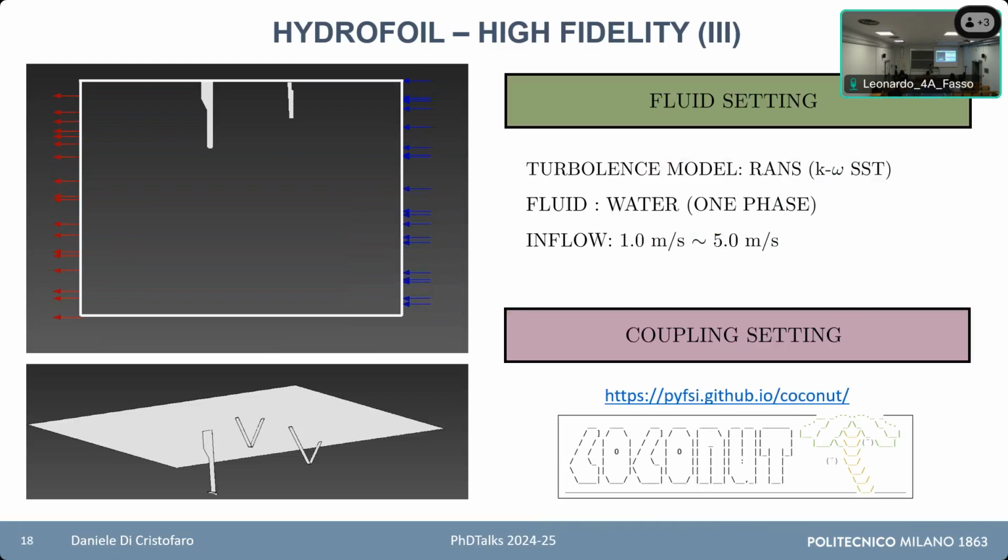These are just some fluid settings. We are using a turbulence model. We are solving just the water, and the inflow is between 1 and 5 meters per second because the target is around 5 meters per second. For the coupling, we are using the CoCoNuT library that is developed at Ghent University.